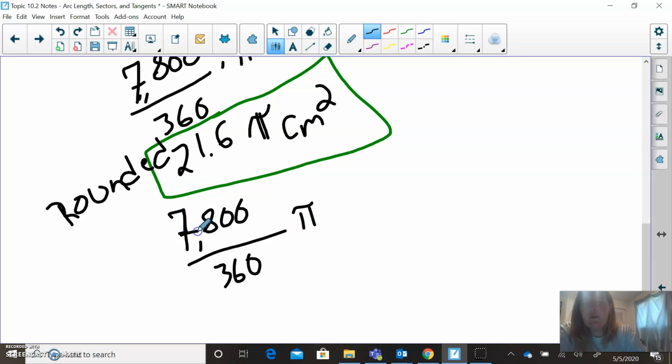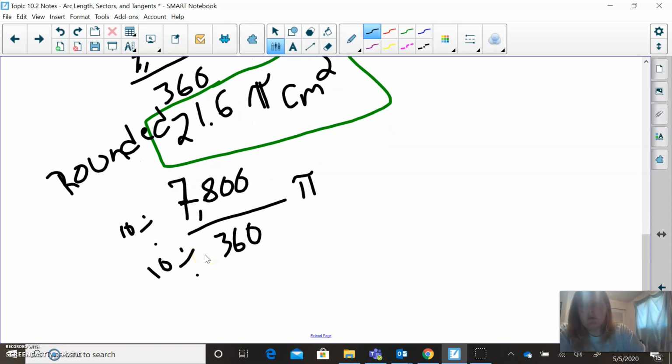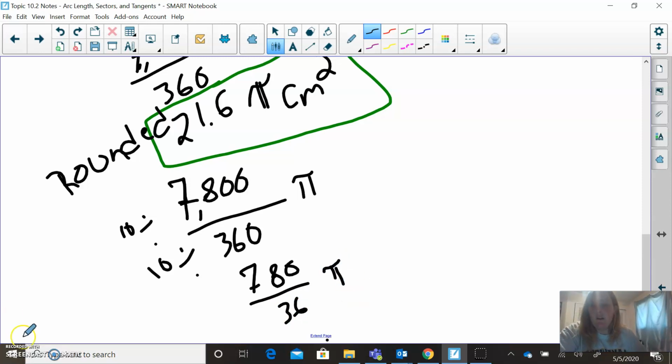Now we can simplify this, right? These both can be divided by 10. If we divide 7,800 by 10, you'll get 780. 360 divided by 10 is 36. And that's pi.